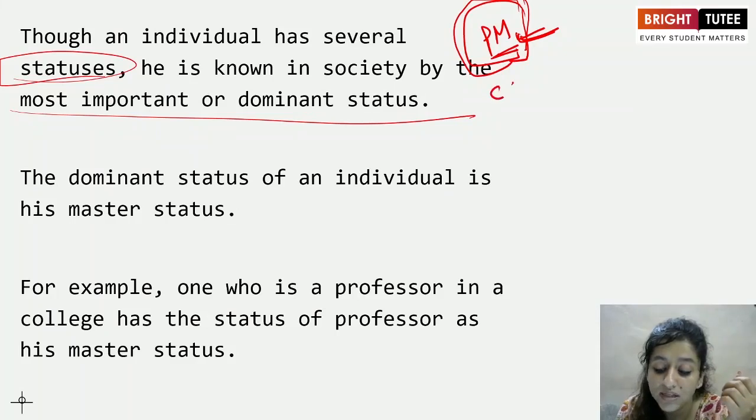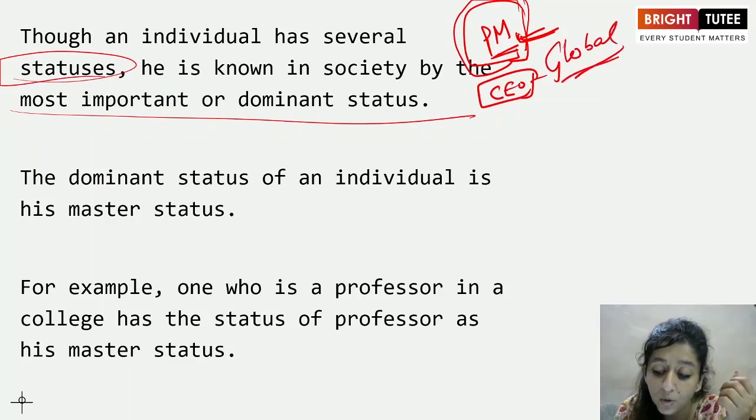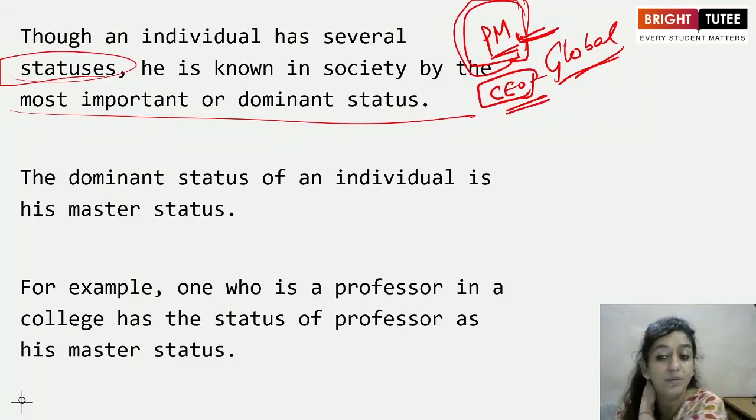If you are a CEO in the global sphere, if your company is well known in that sphere, you would be seen and known by the status of the CEO and not really as a husband or a daughter or a mother or a father.